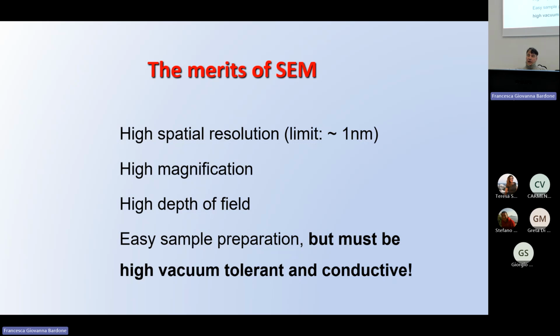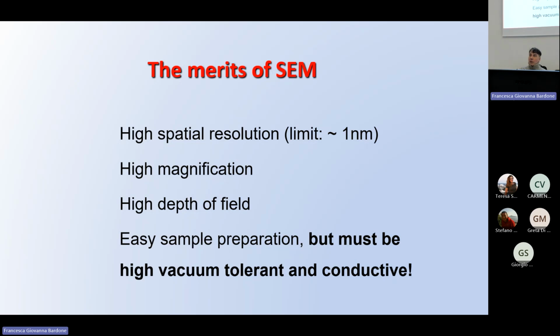The depth of field is the height over which your sample remains in focus. So even if you have a complex topography, with valleys and mountains in your object, you don't lose the focus of your system. The information is always in focus.